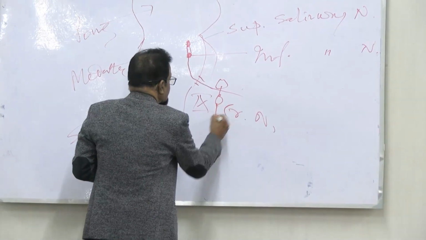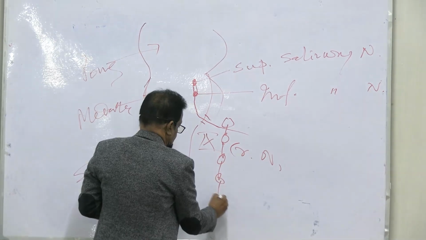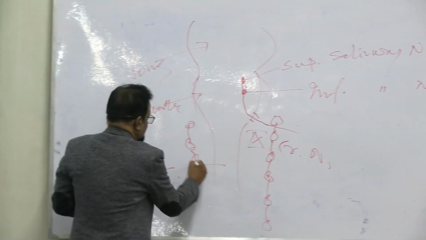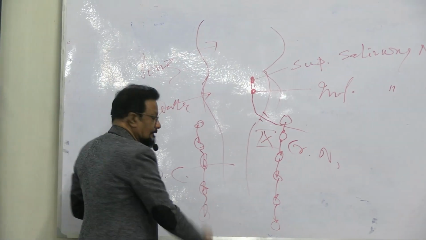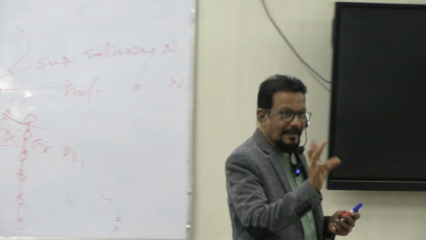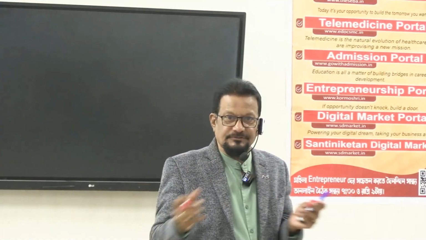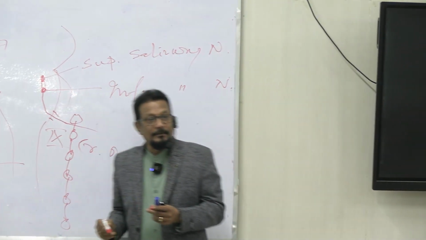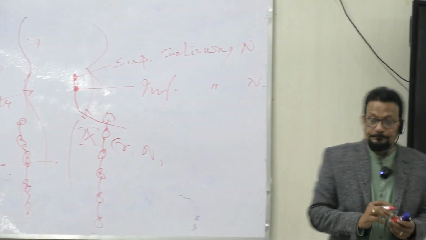So there are chains of ganglia. These are sympathetic ganglia. Ganglia means there are a lot of cell bodies of different neurons. So these are ganglia, and this chain is the sympathetic ganglia.